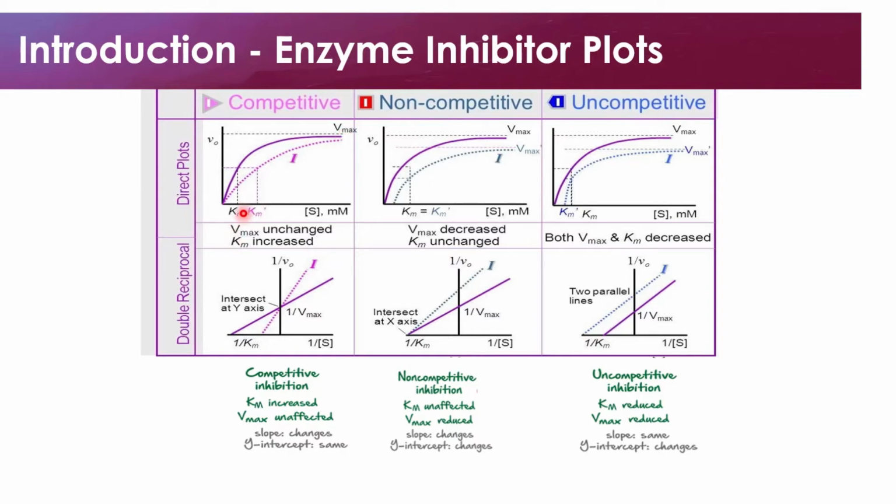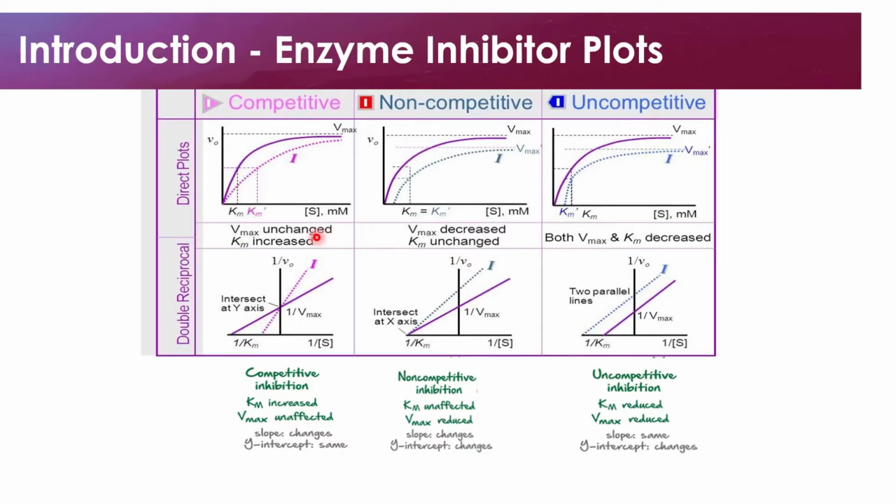And there is also an increase in the Km value for the reaction. So we can say that V maximum is unchanged, and there's an increase in the Km value for the Michaelis-Menten plot for the competitive inhibition.